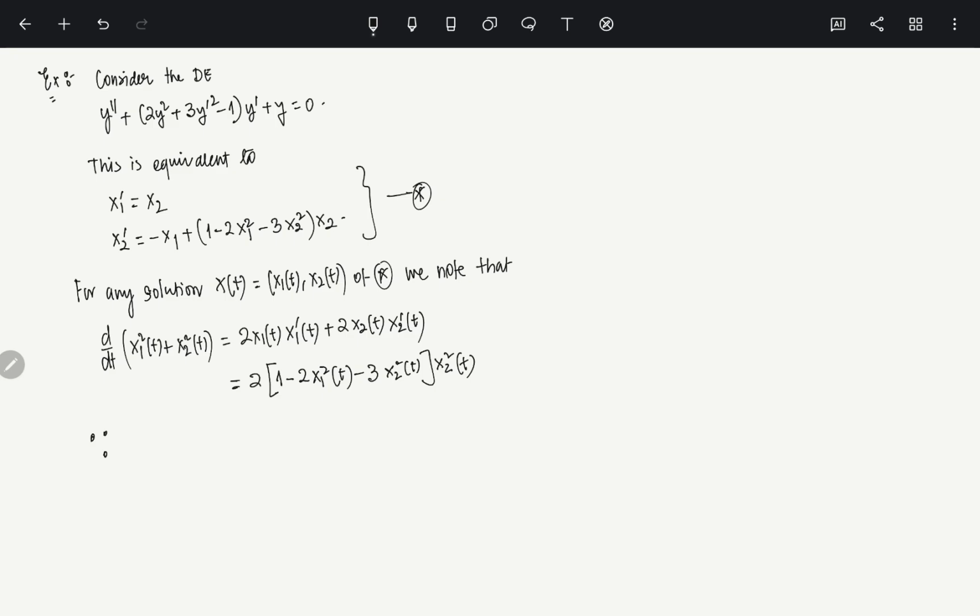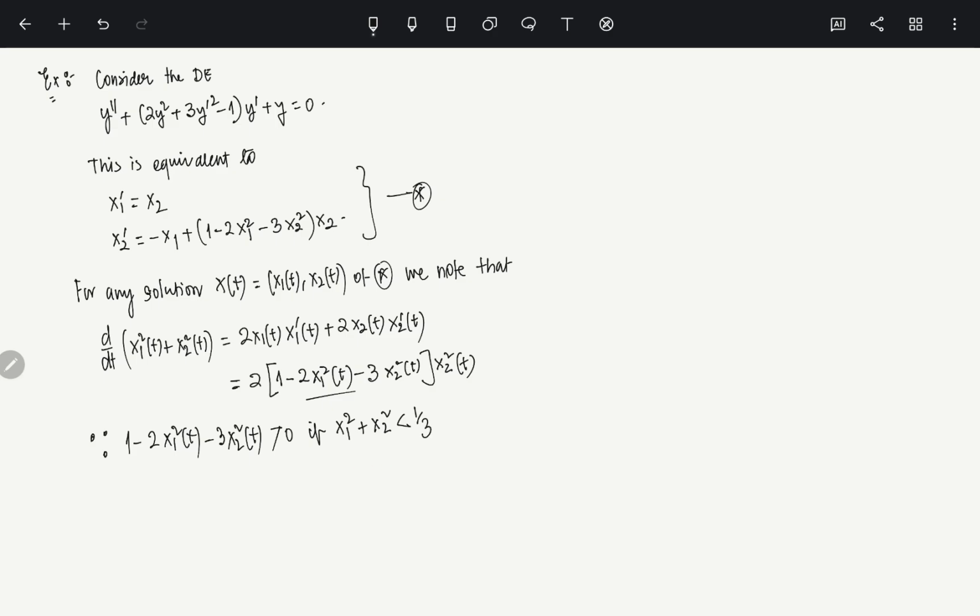So now look at this particular expression, 1 minus 2 x1 square t minus 3 x2 square t. This term is positive if x1 square plus x2 square is less than 1 by 3, that you can easily see.